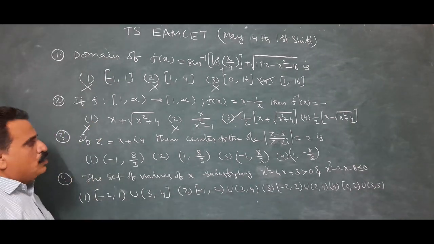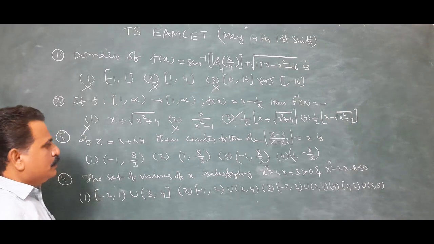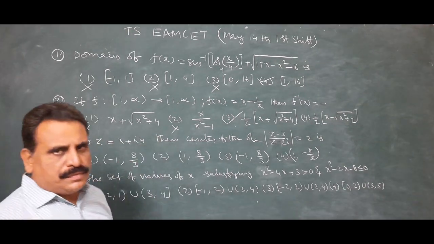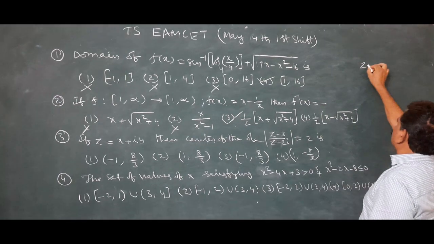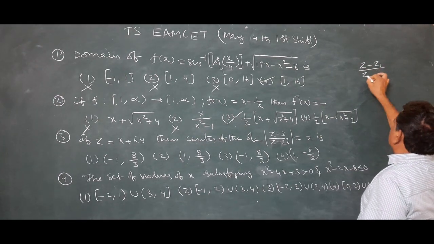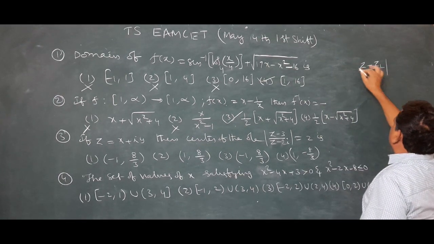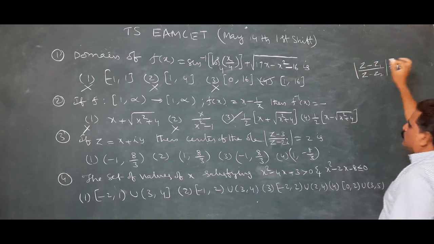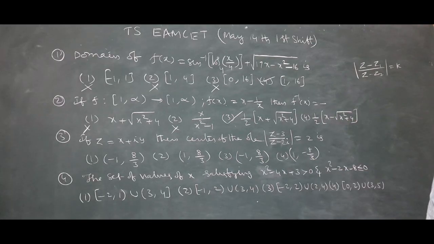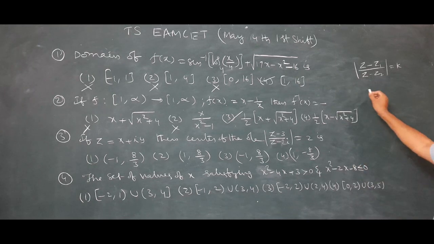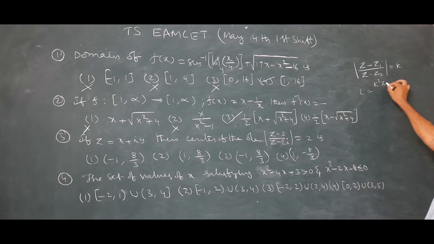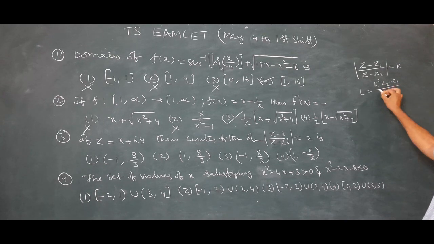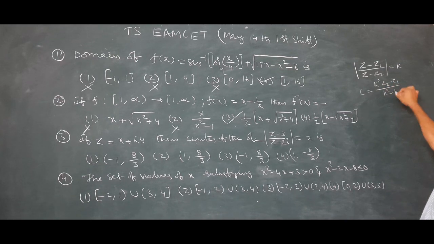Now, third question. Look here, it takes some steps. (z minus z1) by (z minus z2) equal to k represents a circle. We have a formula for the center: (k squared z2 minus z1) by (k squared minus 1).